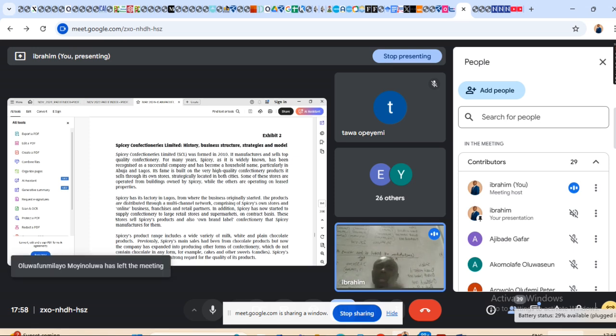Then your requirement 2 is business proposal. The business proposal will include the business model you will use, maybe Pestel, maybe SWOT, maybe Ansoff growth model or value chain. We include it because that is what you will use for your forecast.